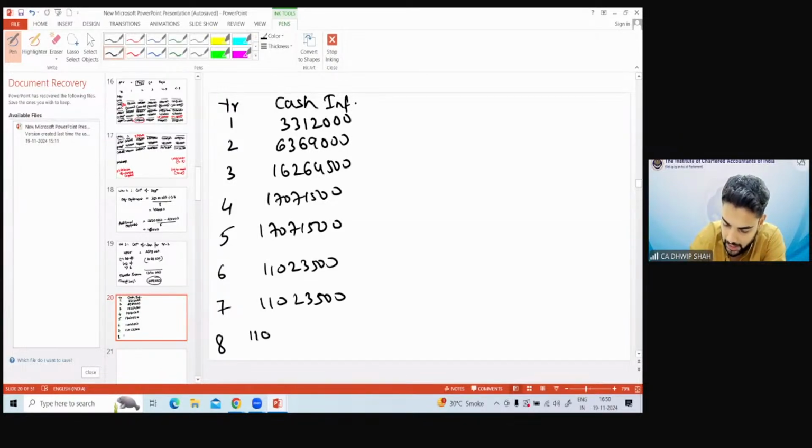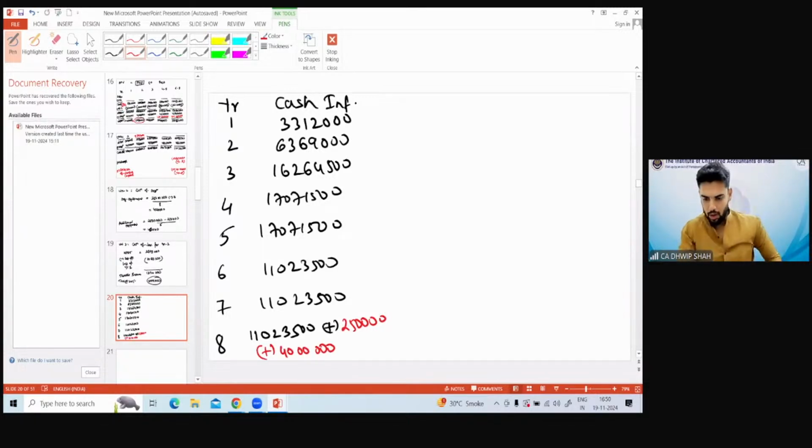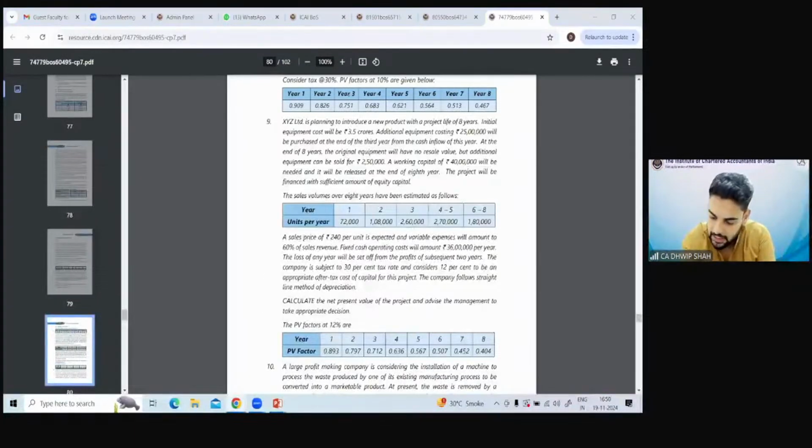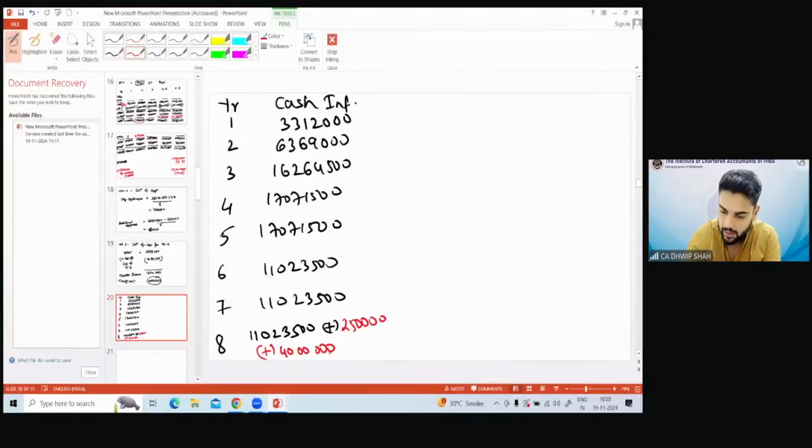But in year 8, it would be 110,23,500 plus salvage of 250 and plus working capital release of 40 lakhs. Are you getting this? Understood? The question has specifically given the discounting factors for each year.